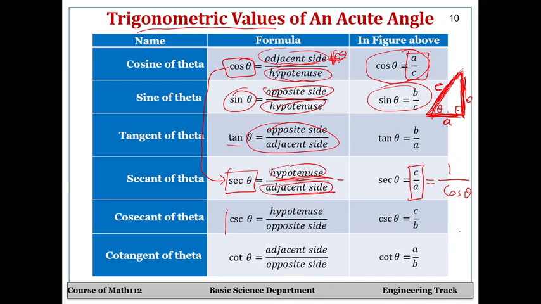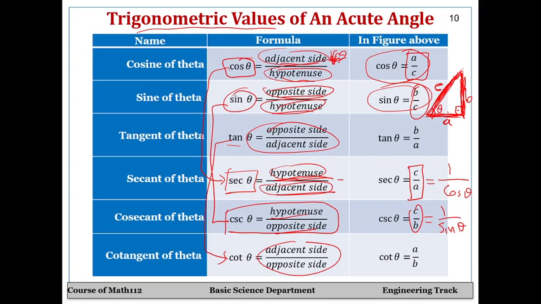In the same way, cosecant theta is the hypotenuse divided by the opposite side. It's connected to sine theta. You see, opposite side, hypotenuse, hypotenuse, opposite side. So this is B over C, and this is C over B. So it's flipped. So it's 1 over sine theta. It's the reciprocal. And the same way, tangent theta and cotangent theta have the same relation. One is the reciprocal of the other one.